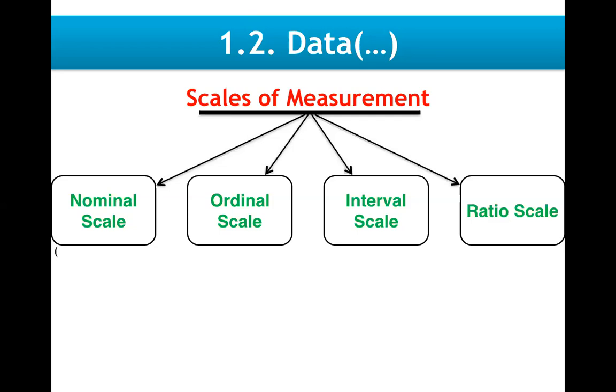And the final type of scale of measurement is the ratio scale. The scale of measurement for a variable is a ratio scale if the data have all the properties of interval data and the ratio of 2 values is meaningful.